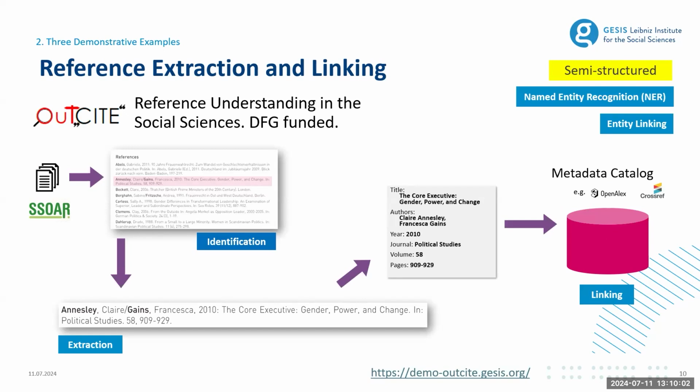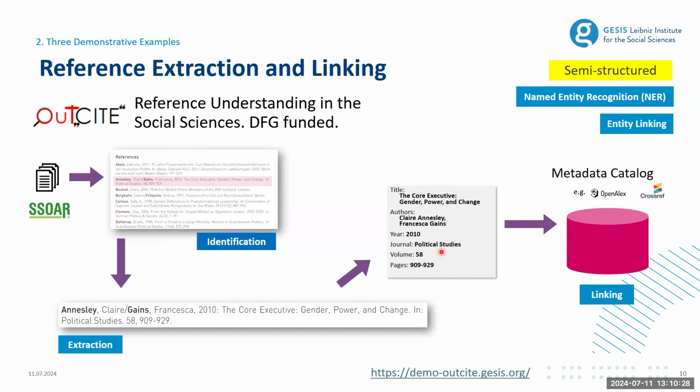Here you see a pipeline which reuses the steps I showed before. A first step identifies relevant sections where references are mentioned. The second step, the extraction step, extracts from the reference strings relevant information and transforms it to structured knowledge.